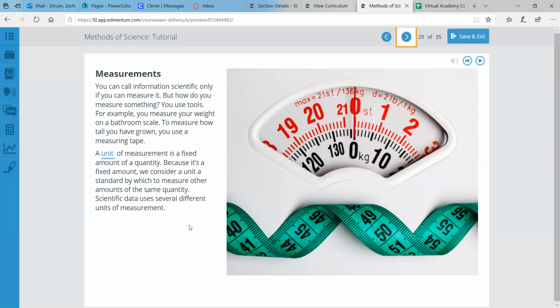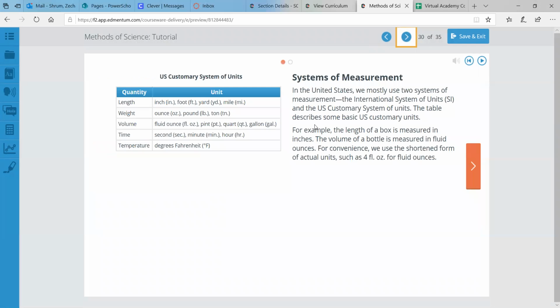So think of an inch, a foot. Those are the same regardless of where it is used. A foot is 12 inches, and that's that. So that's how science can measure certain data. So we have length, weight, volume, time, temperature, and these are the units that they can use.